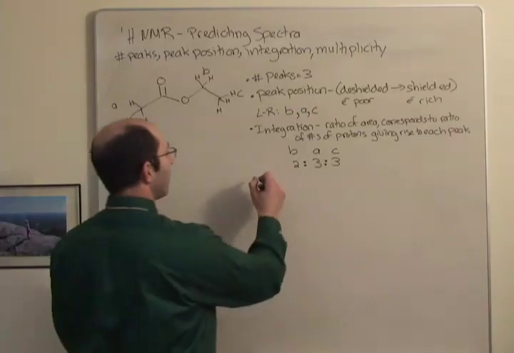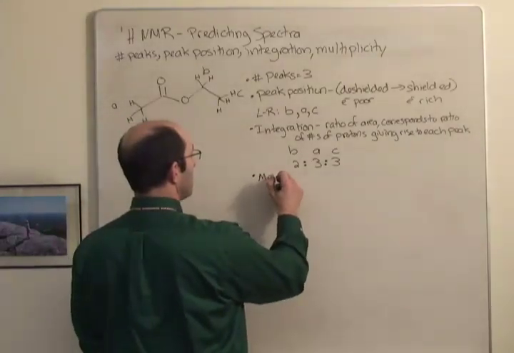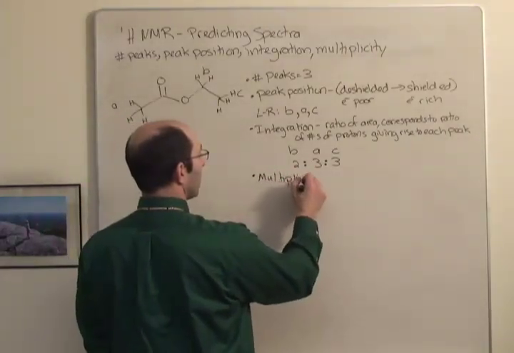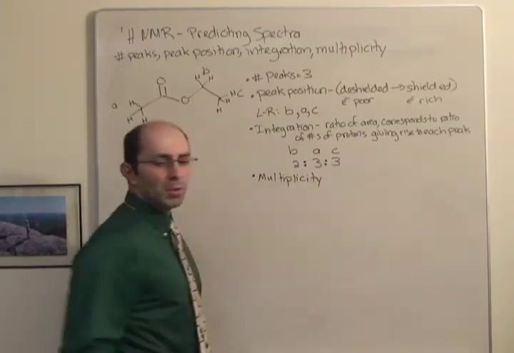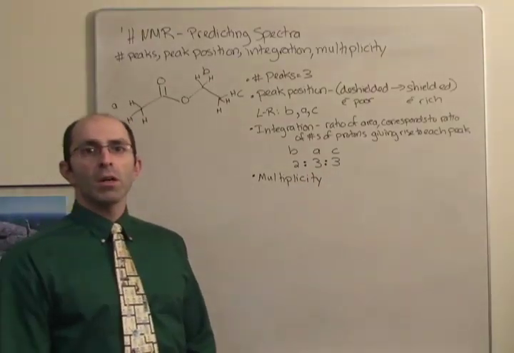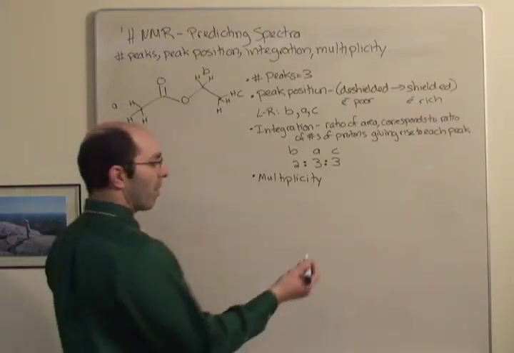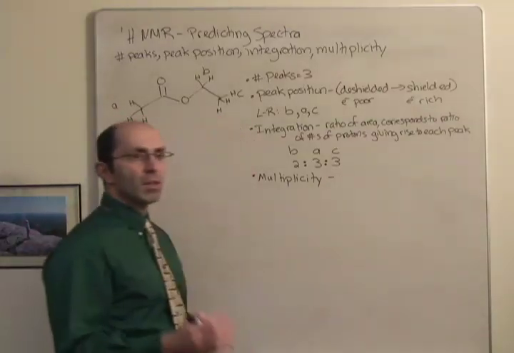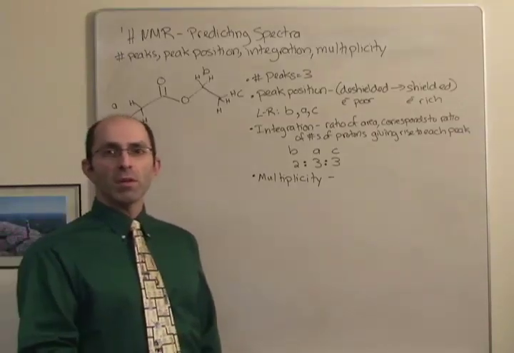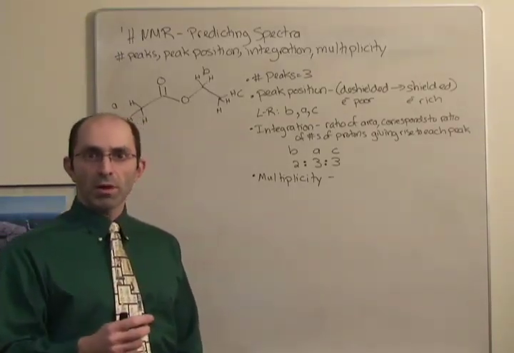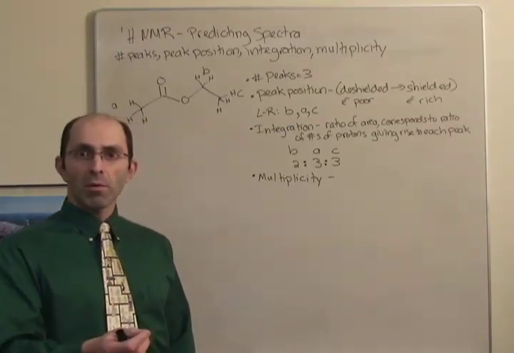Okay? And then finally, we have multiplicity. And multiplicity is probably the most confusing of the things that we learn from proton NMR. And again, the thing to remember about multiplicity, it's all about the neighboring protons. It's not about the protons giving rise to that peak. It's protons that neighbor that one. All right?